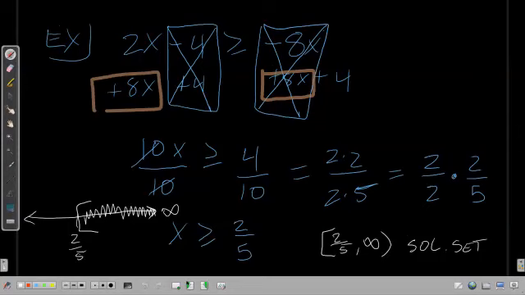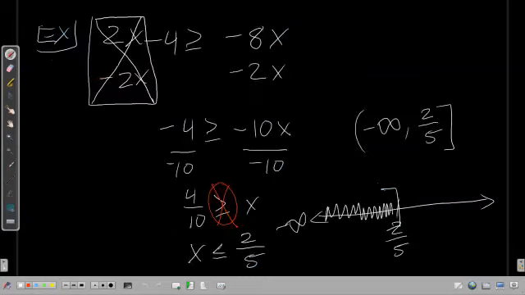Over here, I solved the problem. I never had to divide by a negative. I never had to multiply by a negative. Now we would all agree that this is the right answer right here on the screen. But when I didn't pay attention to this notion of having to flip the inequality when I multiply or divide by a negative, the answer came out flipped the other way.